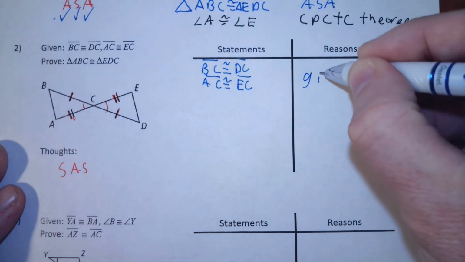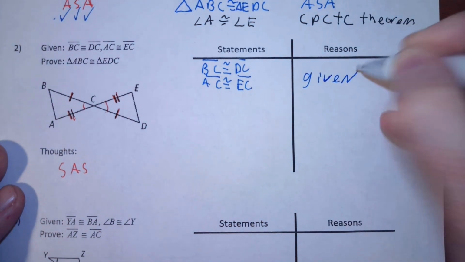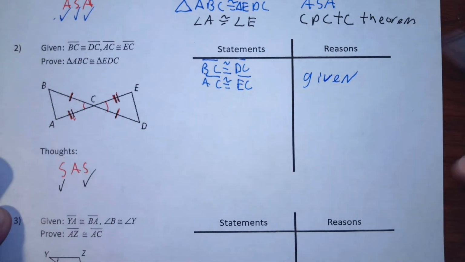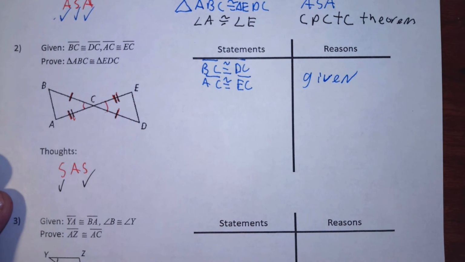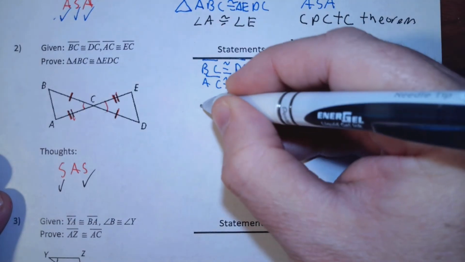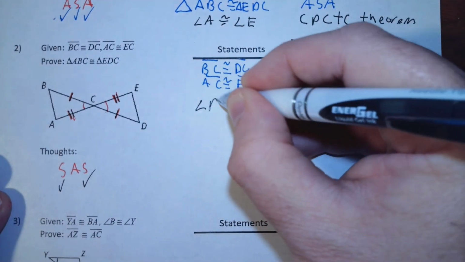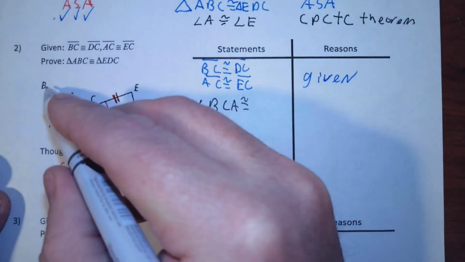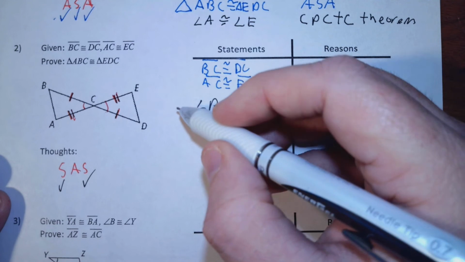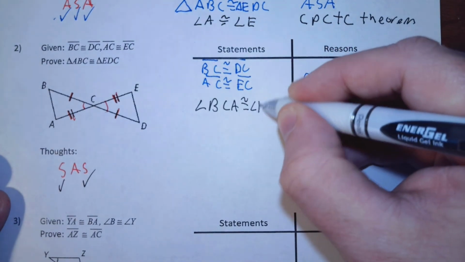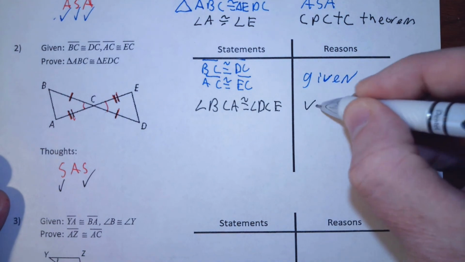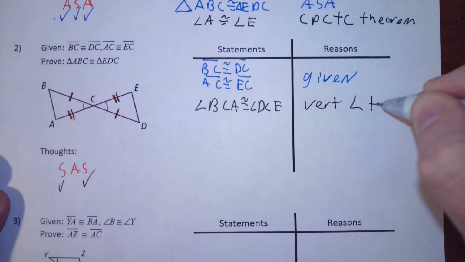Given. I like a given like this because it makes my life easier, where already I have a side and I have a side. All I have to do is come up with an angle, and I'm going to come up with that angle right now. Angle BCA is congruent to angle DCE, and that's because of vertical angle theorem.